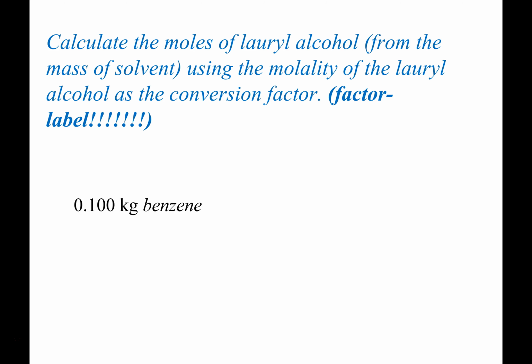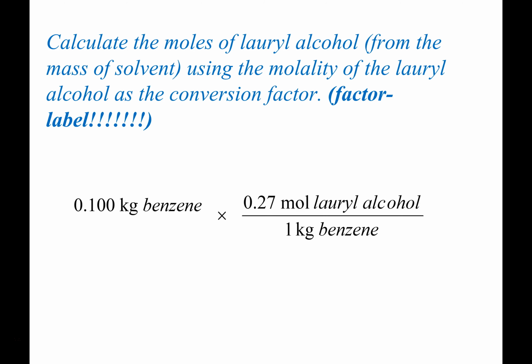There are different ways to skin this cat. But if we go back to the original information, we had 0.1 kilograms of benzene. Here's the molality. Do you see where this will get us moles? See how the unit labels work there?